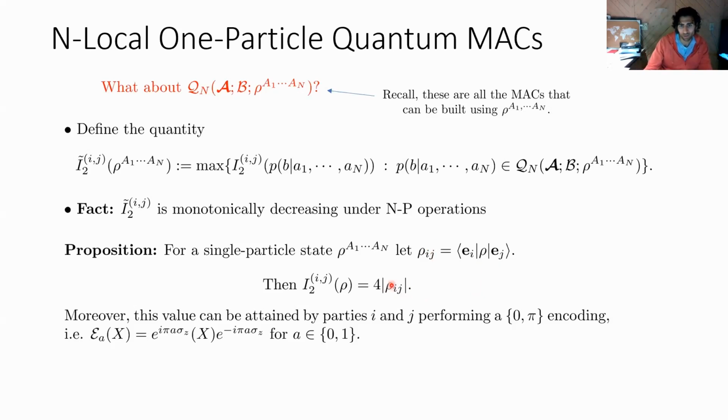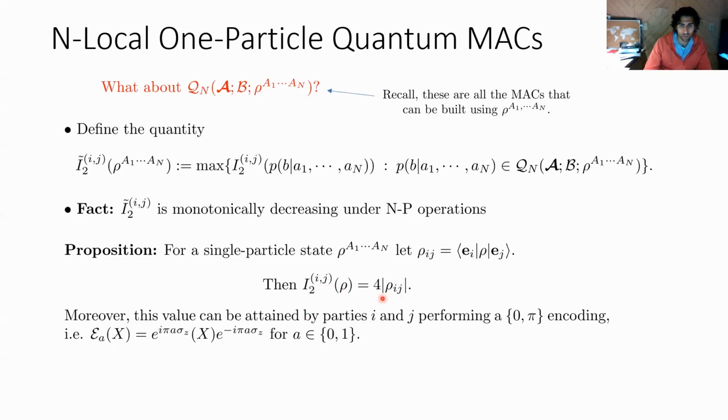So here you have n parties, and you basically look at the 2x2 submatrix corresponding to party i and party j. And then you just look at the off-diagonal term, and this gives you exactly the I2. So anytime you have coherence, this will be non-zero, which means you're getting a non-classical MAC.